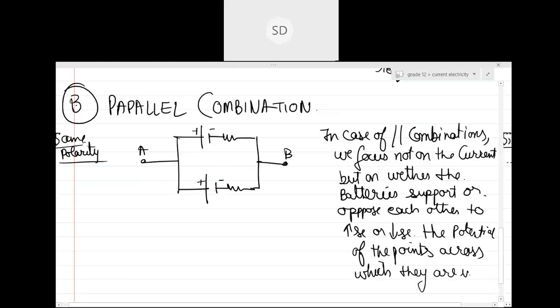So basically, please remember this particular thing. You will not be able to see it with the help of current or anything. You will be seeing it with the help of potential, because in parallel, potential matters more, if you remember, right?